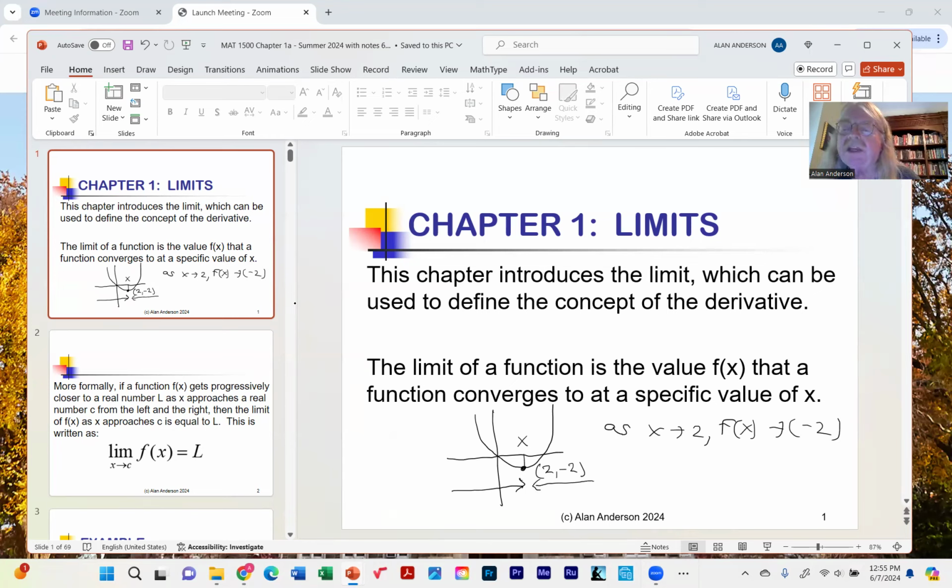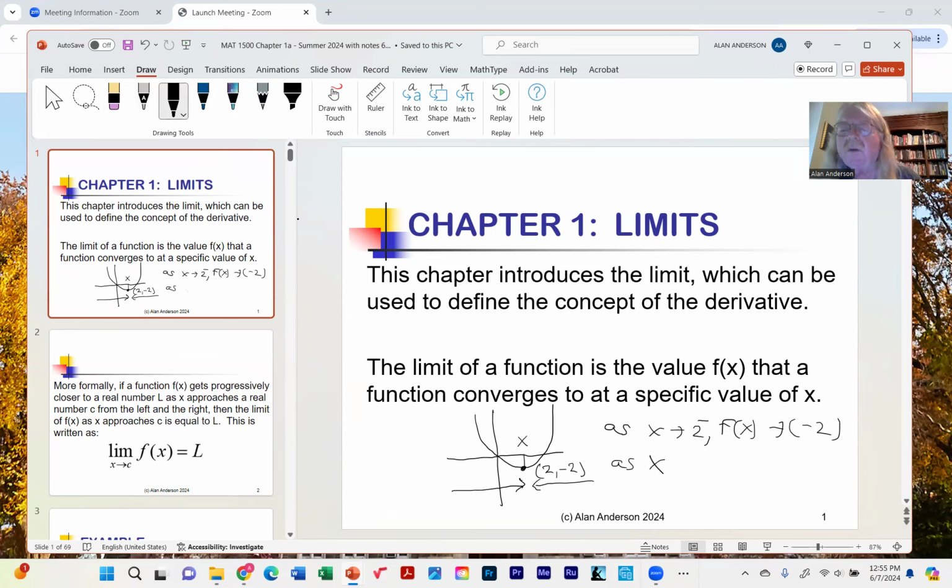Now, by the way, the notation we'll use is this. As we're approaching from the left, we're going to put a little negative sign here to indicate we're coming from the left. And then if we're coming from the right, meaning the larger values of x, we're going to put this little plus sign. It's just a convenience. It doesn't mean we're approaching -2 or +2.